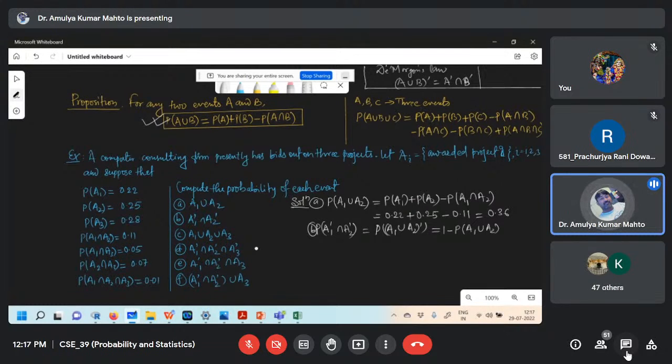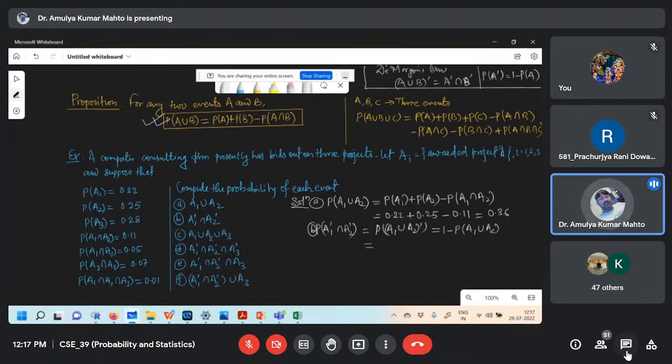Why? Because we have this formula. Probability of some event A dash equal to 1 minus probability of A, that I have already discussed. Probability of A plus probability of A dash equal to 1. So you can use this formula here. Probability of this event complement equal to 1 minus probability of this event, A1 union A2.